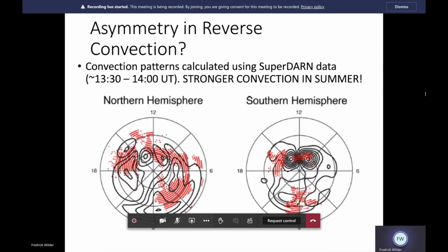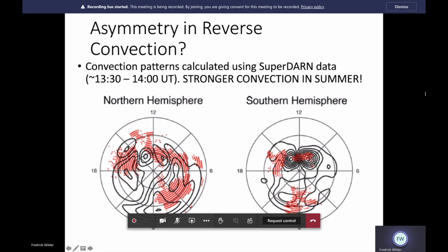So I was looking at the convection patterns, and each one of these equipotentials is about 2 kilovolts. And what we saw here are the reverse convection cells, like in my early cartoon, and this is observed by a ground radar that measures plasma flows, and then we fit it to a spherical harmonic to get an overall pattern. What you can see is that the equipotentials and streamlines are much more clumped together in the southern hemisphere.